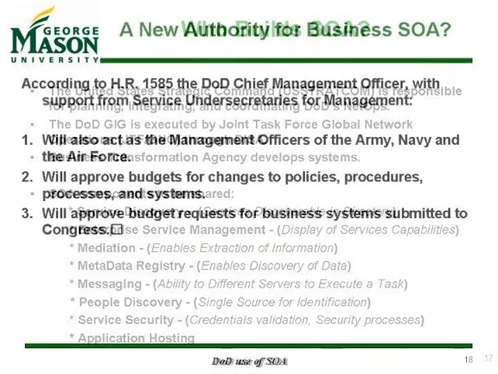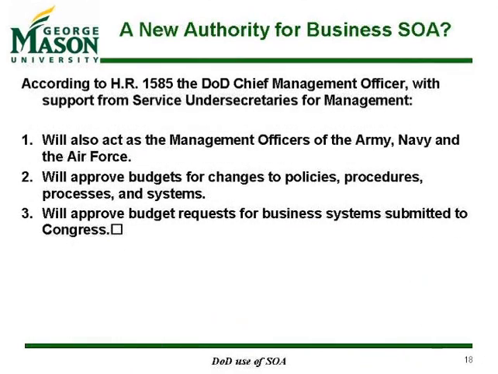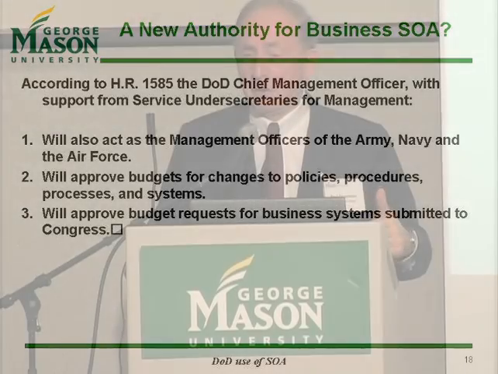The thing gets a little complicated on the business side of the fence, because we now have a bill about a chief management officer with substantial seniority, who will act as the management officers from the Army, Navy, and Air Force, approve budgets, and will approve requests for business systems, and will deal as the intermediary with Congress.